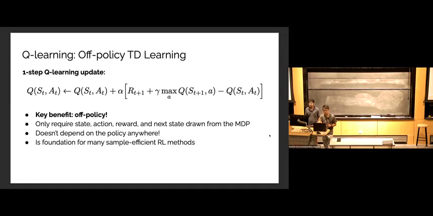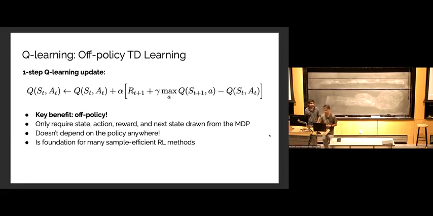And the key benefit is that it's off-policy. So basically, the policy you use to select the action is different from the policy you use to update the Q function, and it only requires state, action, reward, and next state tuples drawn from the Markov decision process.